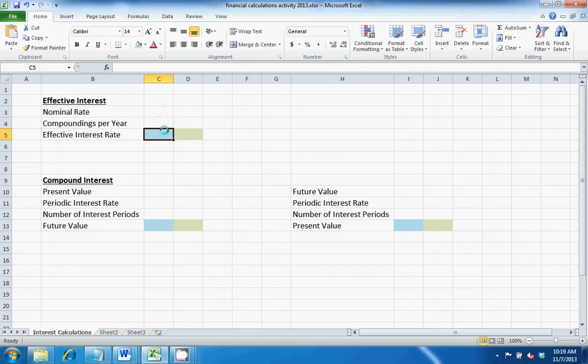So for example, we should be able to change this one from 8% to 12% and have this effective interest rate down here update automatically. Okay, and then for each one of these, you're going to put in the blue cell your own calculation that you enter, and then in the gray one, you're going to type in the Excel function to check your answer.